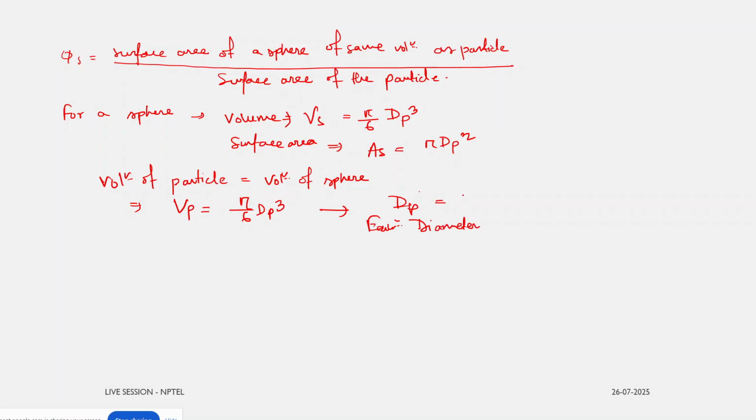This dp equals 6 by pi Vp to the power 1/3. Okay, so now from this equation 1, we can write that sphericity becomes the surface area of the sphere having the same volume upon the surface area of the particle.